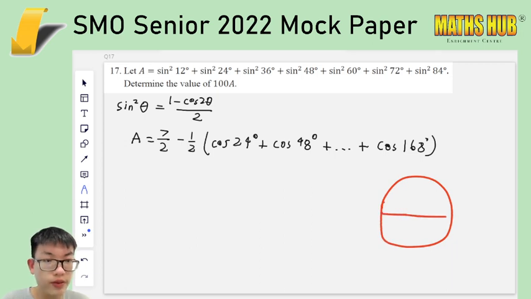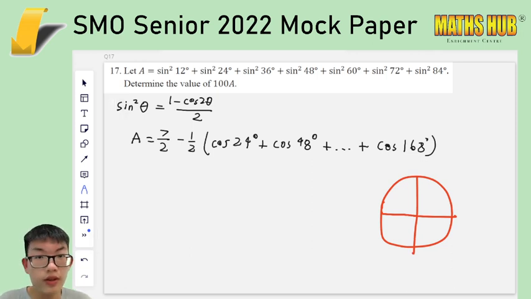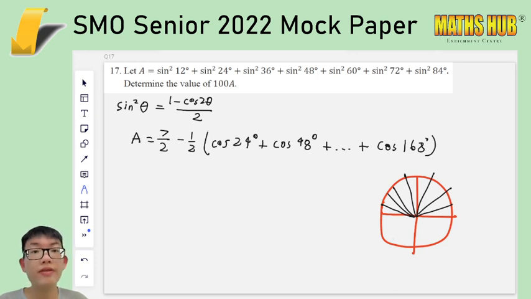Not a very nice one, but it will do for our purposes. So something like this will happen. You have got 24 degrees, 48 degrees, 72 degrees, 96 degrees, 120, 144, 168. Okay, this is not very nice, but you get the idea.